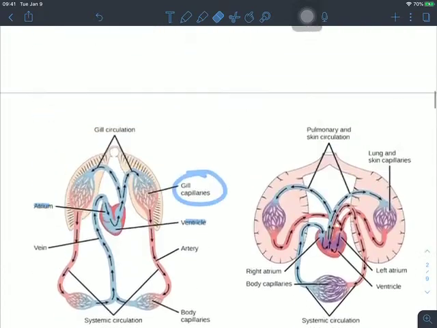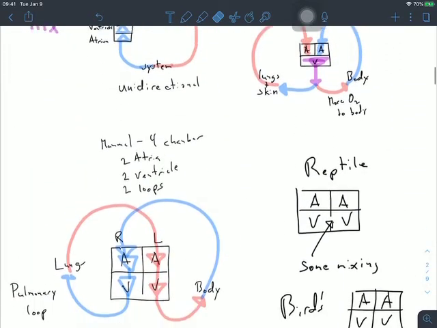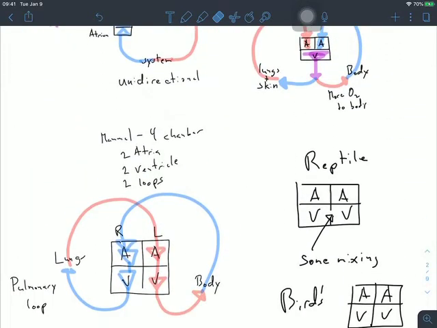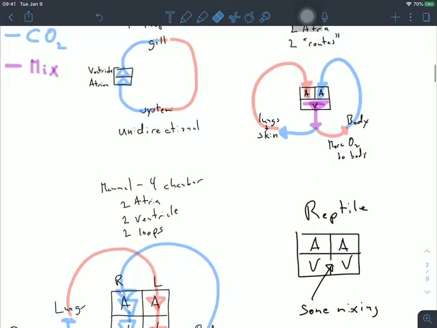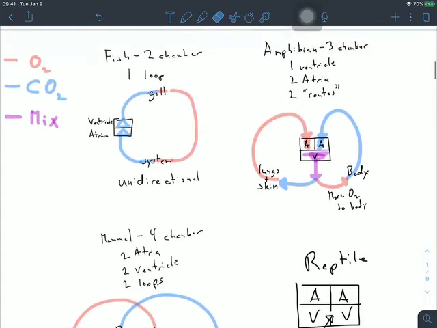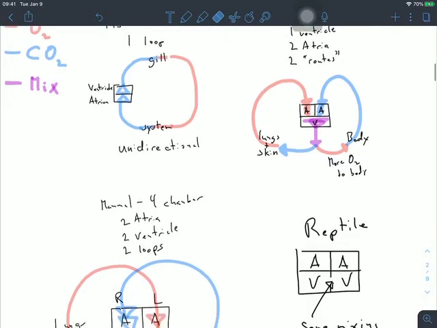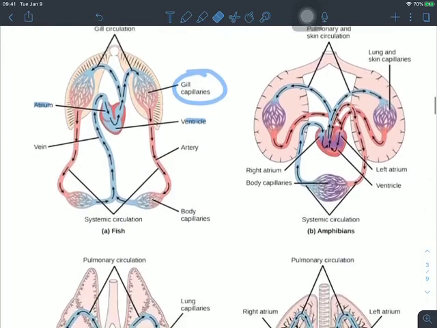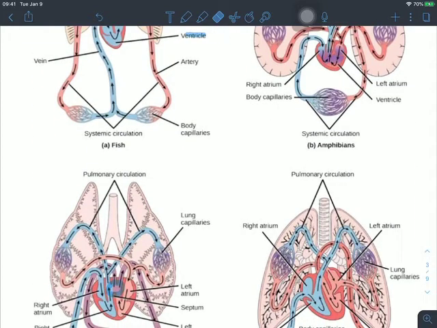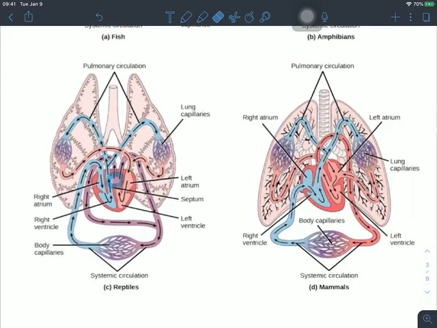So keep in mind that that two-loop actually completely overlaps only in mammals and reptiles. In amphibians, you do have that one loop that will spread into 2 different delivering vessels.